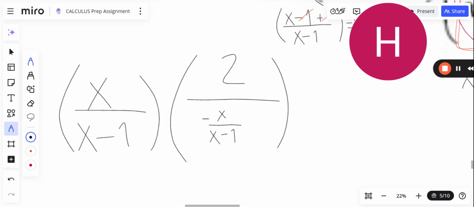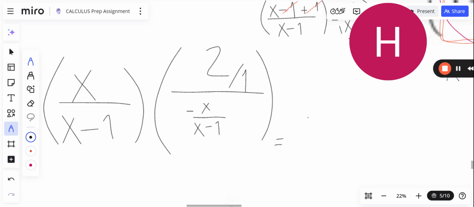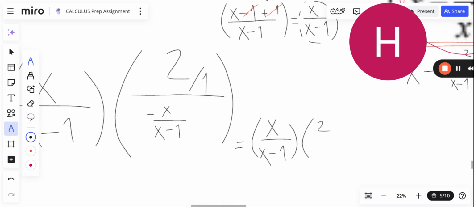And so if you think about this carefully, this is really like a fraction over a fraction, which results in x over x minus 1 times 2 over 1 times x minus 1 over negative x.